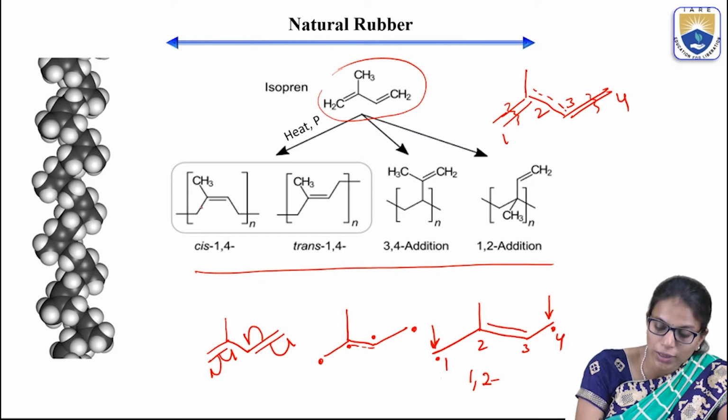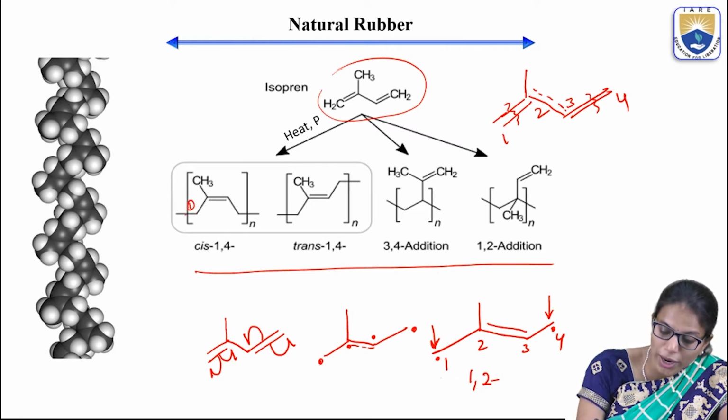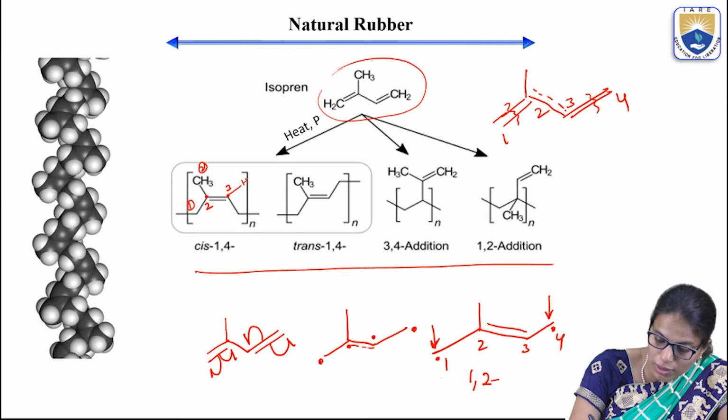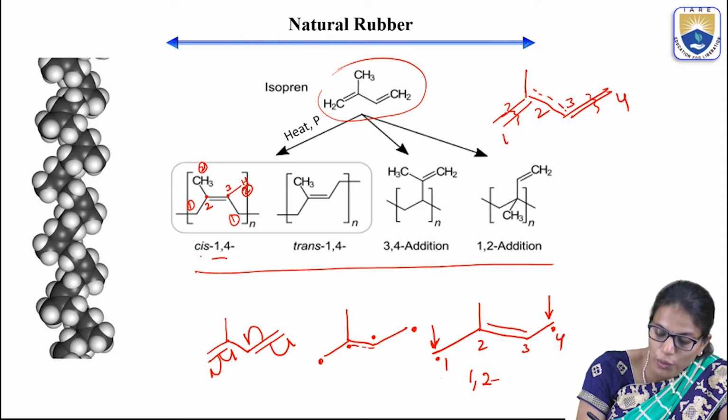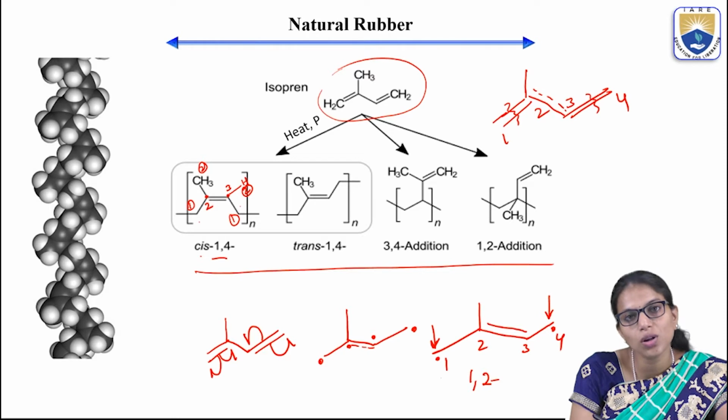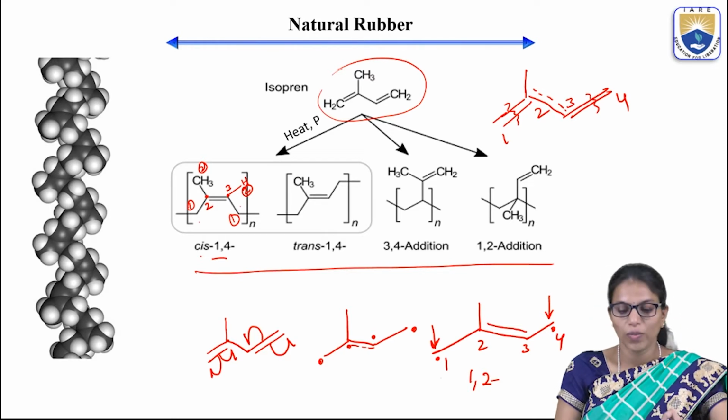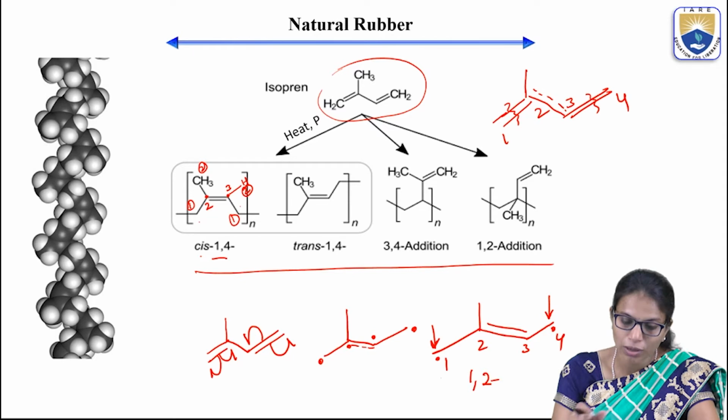Here this is priority 1 and this is second priority on this carbon, and this carbon number is second and this is third carbon number. Here there is one hydrogen. This is second priority and this one is first priority. So it is cis 1,4. Why 1,4? Because this carbon is the first carbon and this carbon is the fourth carbon. So it is a cis 1,4 polyisoprene molecule.